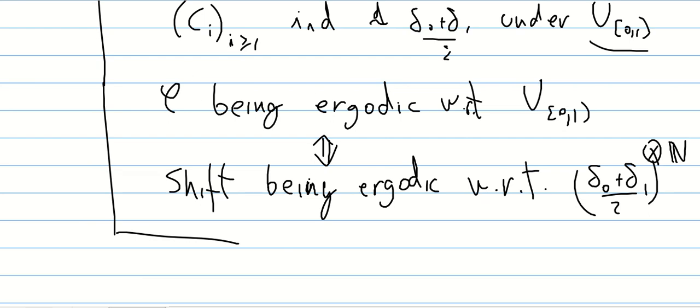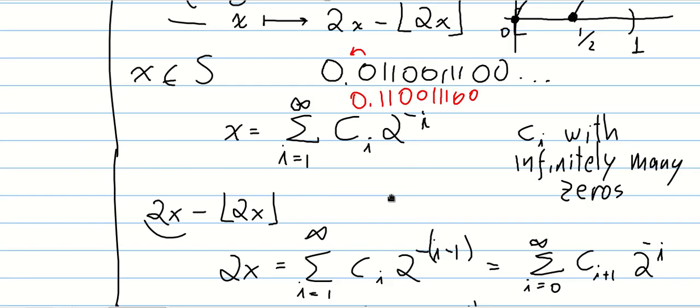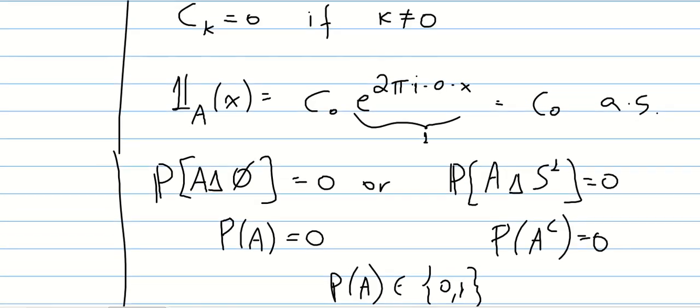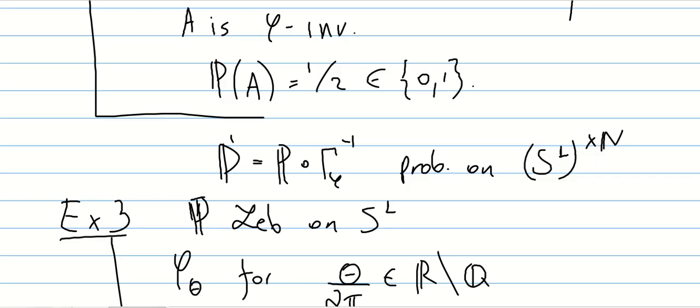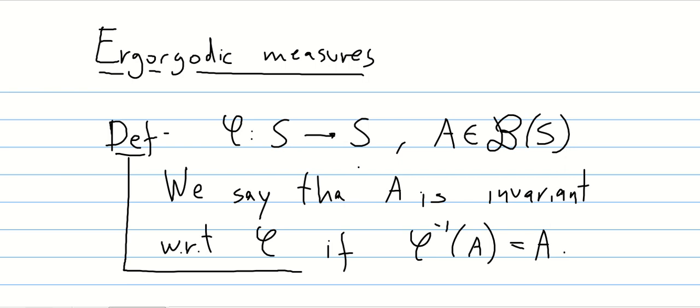Of course, you have to finish some work here. You have to take an invariant event here and turn it into an invariant event here, and of course it's going to commute. Everything here is going to commute. So I'm not giving the full proof here, but the essence is this. You can finish it yourself. And now we have some interesting, highly non-trivial examples of systems that are ergodic with respect to a measure.